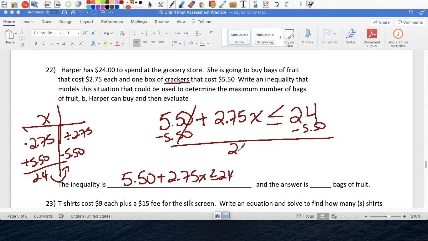So we got 2.75x less or equal to 18.5. Now we're going to divide by 2.75. That goes away. And if you divide by 2.75, you get 6.7272727.